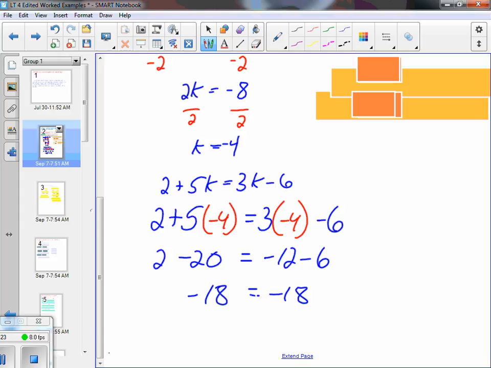I mean, nobody does. You're doubling your work for each problem when you do that. That means you need to get good enough at it that you don't need to check them. Make sense? All right, but again, don't lose focus of what a solution is. It's the number, or in some cases numbers, that make the equation true when you substitute that number in for the variable.